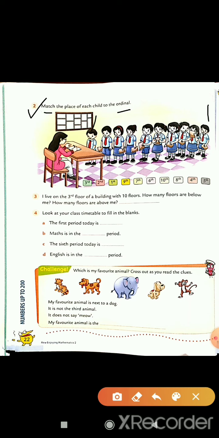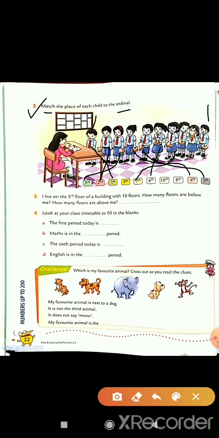So first child, first position, then after first it comes second, then after second it comes third, so just match it. After third, fourth, so you have to match with box number 4. Then fifth, so box number 5. Then sixth, so box number 6. Then 7th, so box number 7.